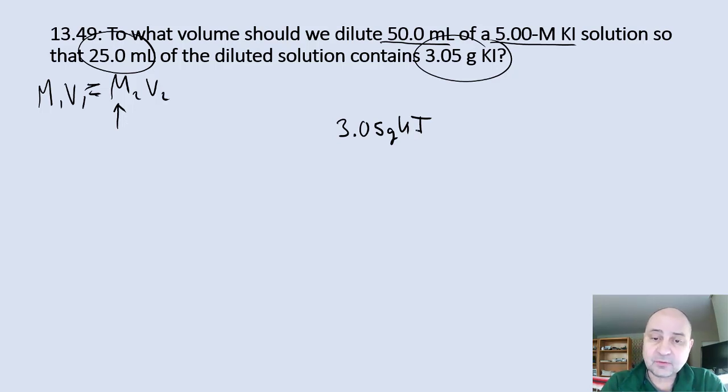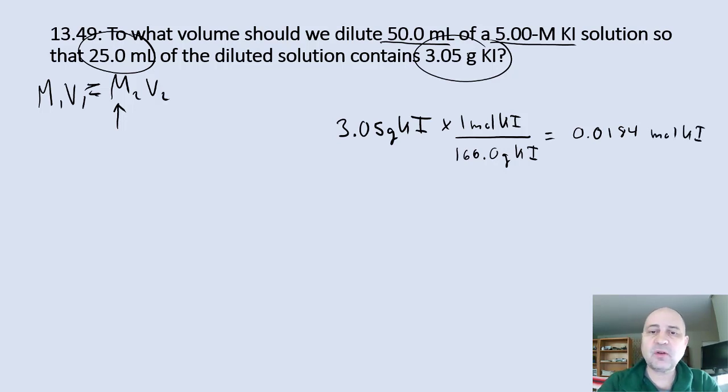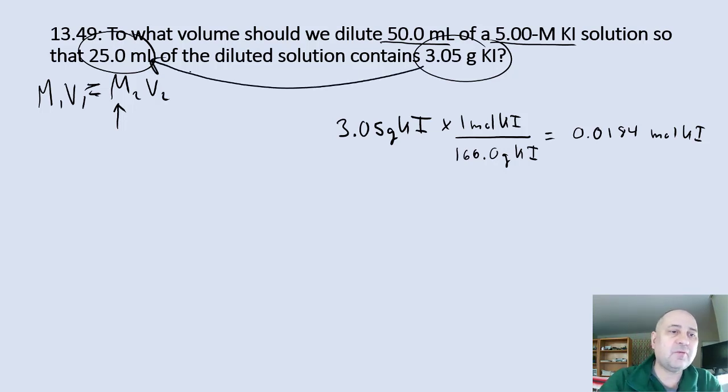Alright, so that's 3.05 grams of potassium iodide times 1 mole of potassium iodide divided by 166.0 grams of potassium iodide. That is the molar mass, of course. That gives me 0.0184 moles of KI. So that's what we want to have in the 25 milliliters.